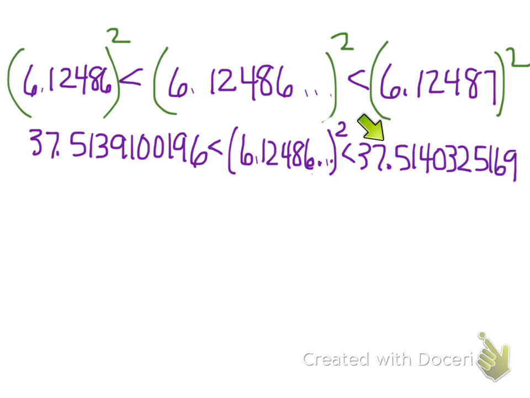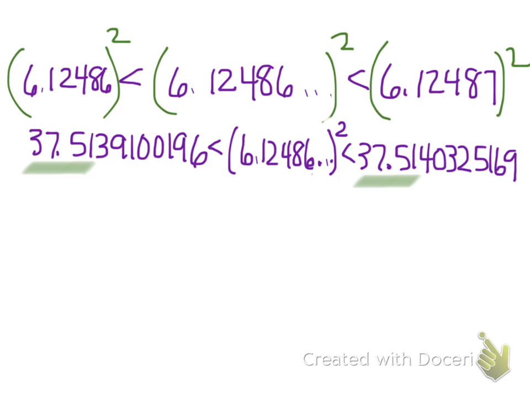All right, so I want to know, how accurate can I be when I square this repeating decimal, given those digits? Well, so let's look at what they have in common. 37.51.